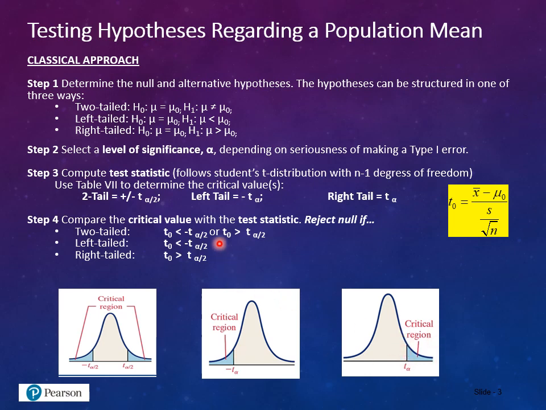Let's just look at the first one, two-tailed: if it's less than negative t alpha over 2 or greater than positive t alpha over 2. Recognize that in all three of these, if your test statistic is in the critical region, that is an implication to reject the null hypothesis. And then, of course, we state the conclusion. This is the classical approach.